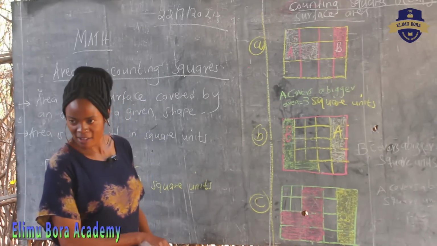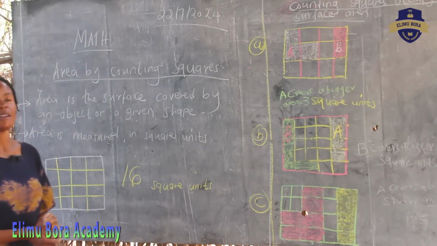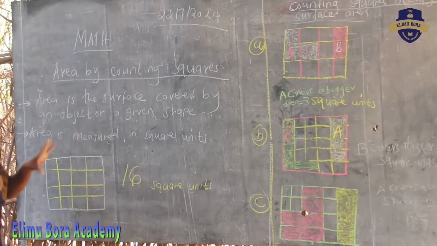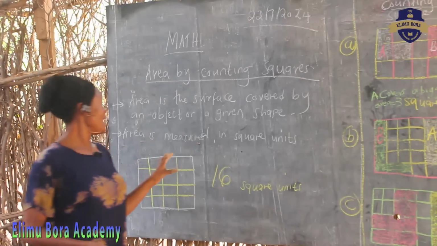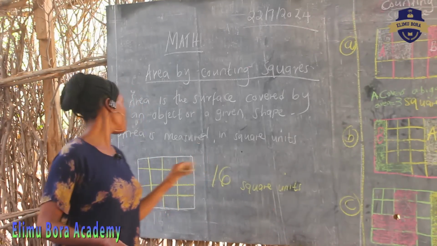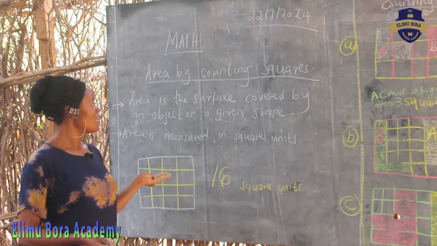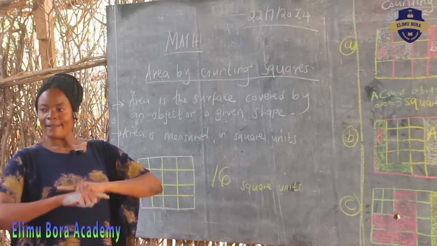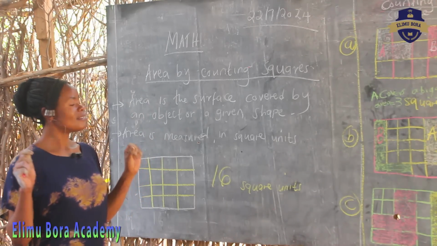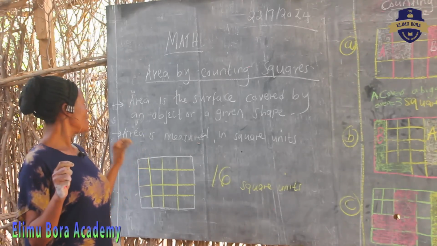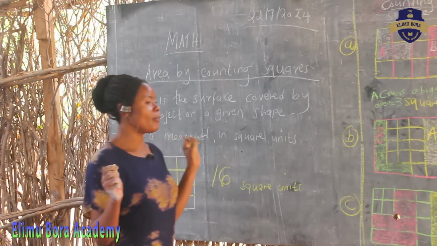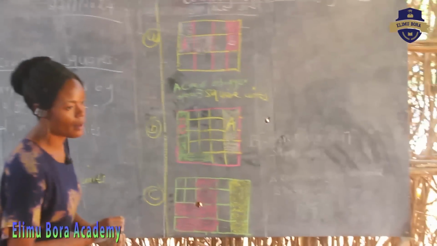12 square units. So, what we have learned today, we have said that area is the surface covered by an object or a given shape. That surface covered by an object or a given shape, we call it area.